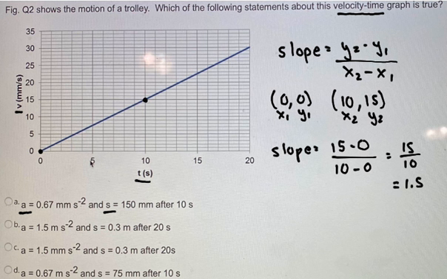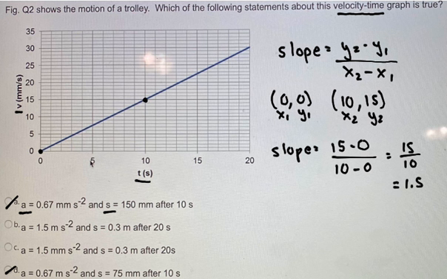So if we know that the slope is 1.5, that tells us that our acceleration is 1.5. So we can cross off A because that doesn't have an acceleration of 1.5, and we can also cross out D because that doesn't have an acceleration of 1.5.